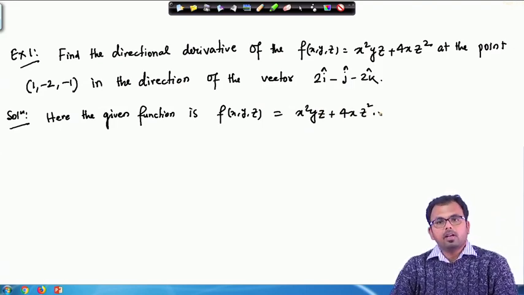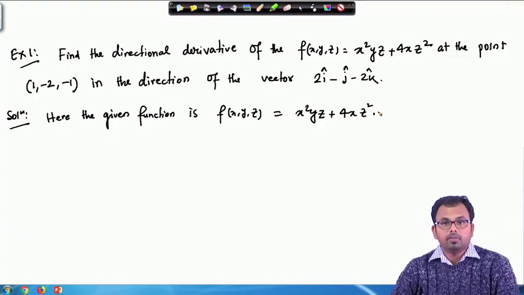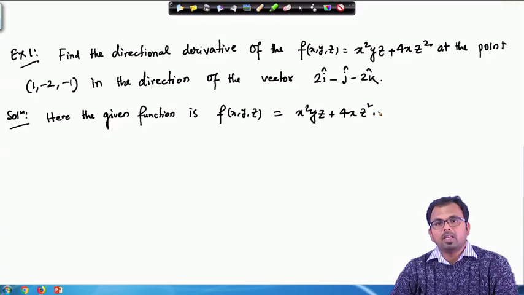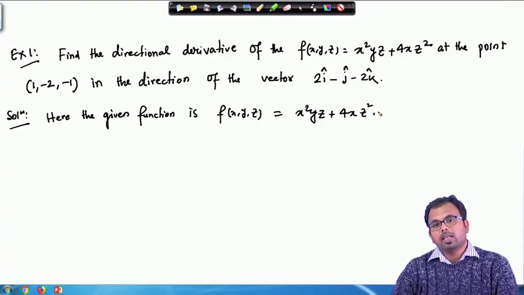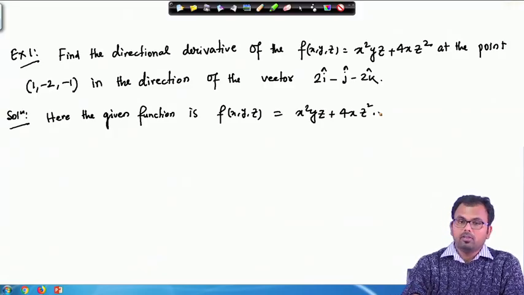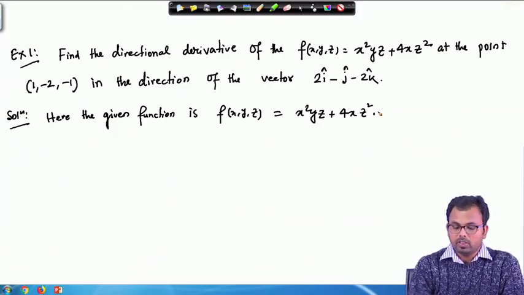In the previous class we saw that the directional derivative of a given scalar function at a point p is given by the gradient of that function at the point p, dotted with the unit vector in the direction of which we are calculating the directional derivative. So first of all we need to calculate the gradient of this function at the point p.